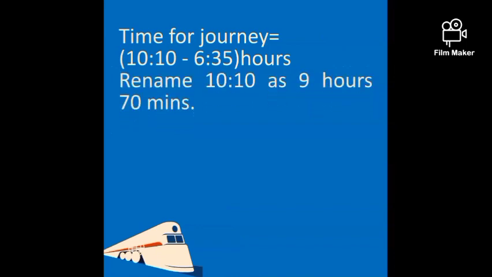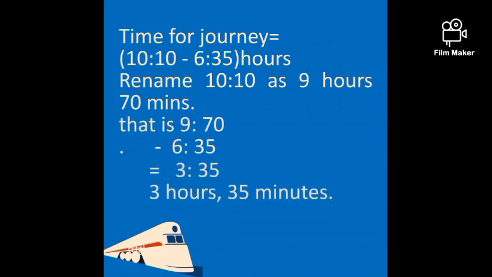And since we cannot say 10 minus 35, we rename 10:10, taking 1 from 10 to make it 9, and that one is now 60, right? 60 plus 10 is 70. That's 9 hours 70 minutes. So subtract that, that gives us 3 hours 35 minutes. So it took the train 3 hours 35 minutes. Get it?